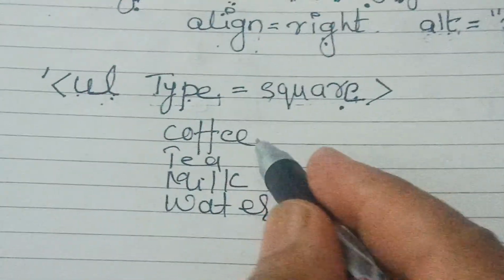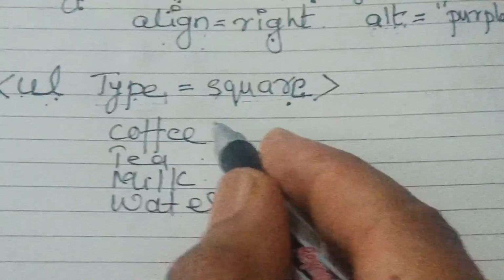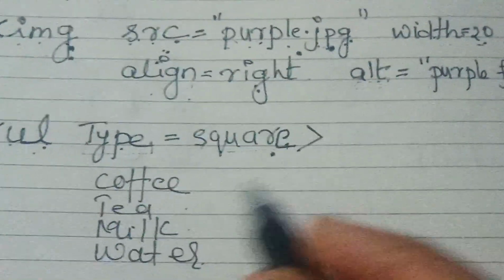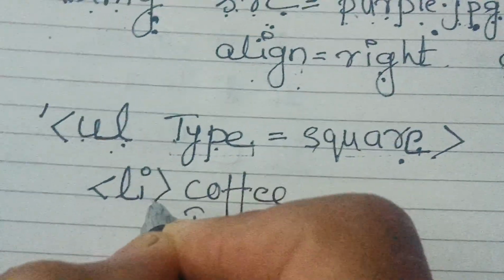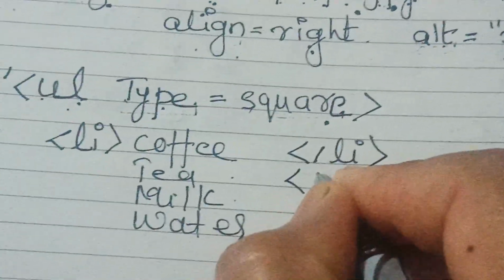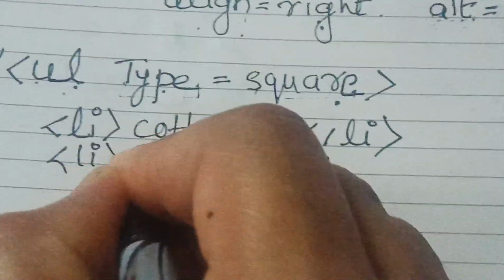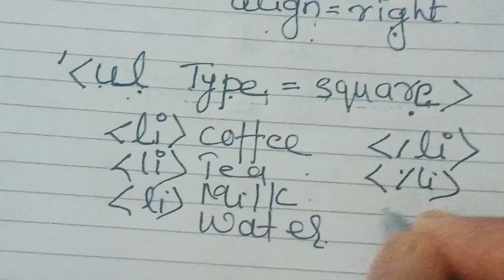So these are the four items in the list, but to represent it on a web page in the form of a list item, you have to include it between li tags. Li start, li close, li start, close, start, close.